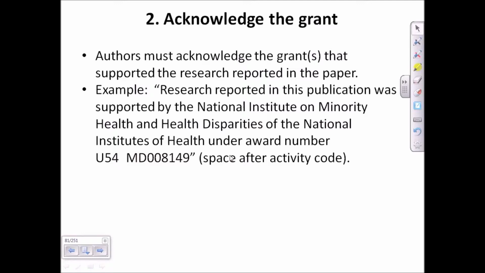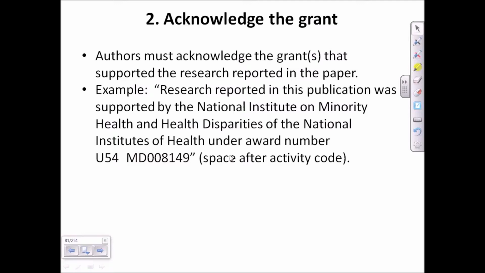You say, research reported in this publication was supported by, I'm giving you an example from one grant, by the National Institute on Minority Health and Health Disparities of the National Institutes of Health under award number U54 space MD 008149. And notice the space after the activity code. It's important to put that space because how do these numbers get into the system?